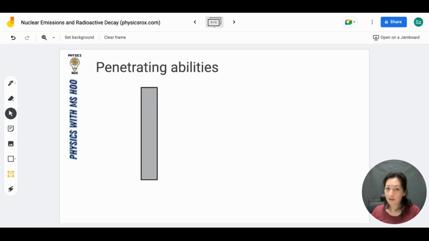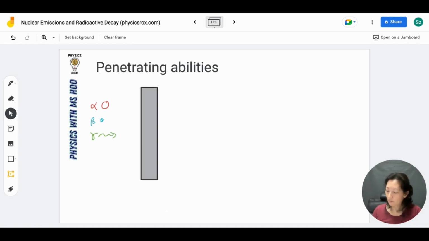So alpha, 2 protons, 2 neutrons, right? Because it's got 2 protons, 2 neutrons, that means it is massive. So let's say alpha here, massive. Now imagine alpha, it's a little bit massive compared to beta, which is just an electron, and gamma, it's just waves.